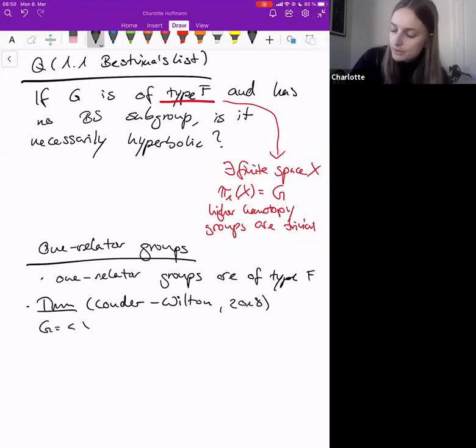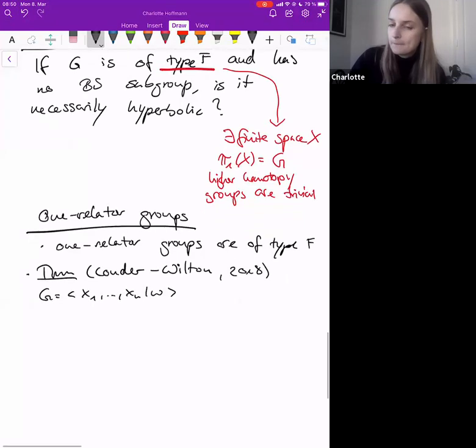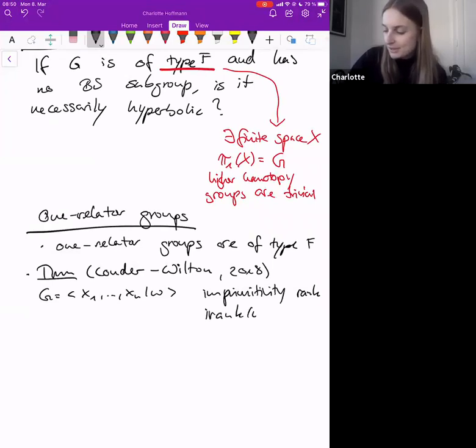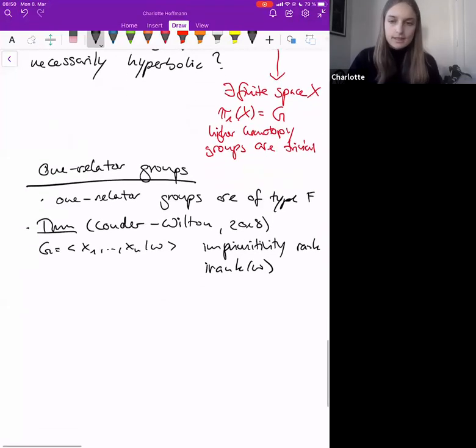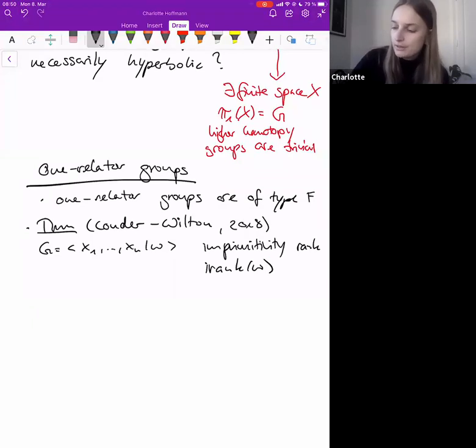If I consider a one-relator group like this, and then they consider the imprimitivity rank of the word W, that I will define later on, just a bit. I will abbreviate it I rank of W. And then the result says that any subgroup that is generated by fewer than I rank elements is free.